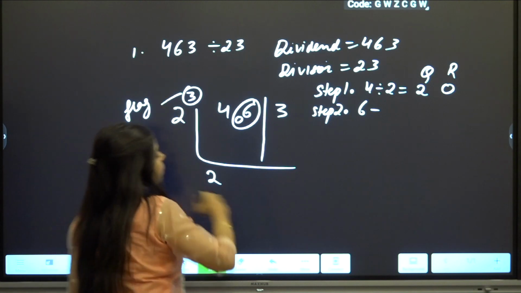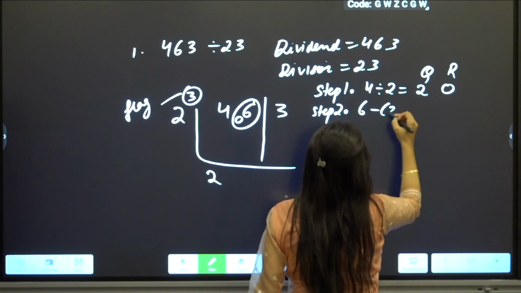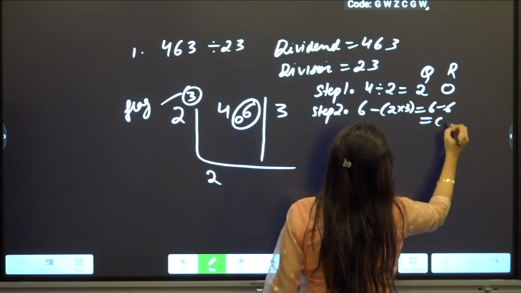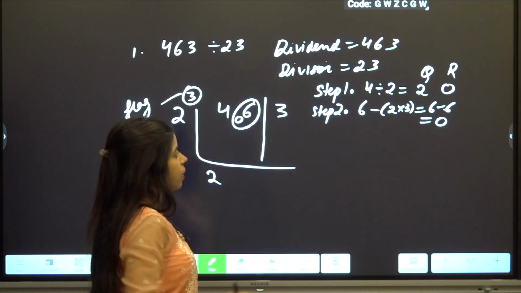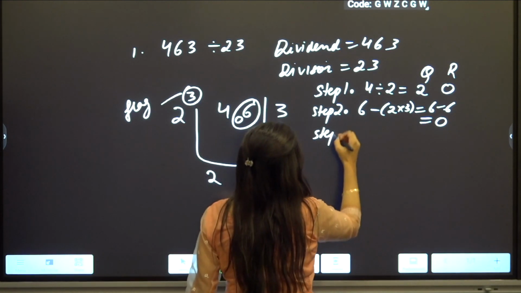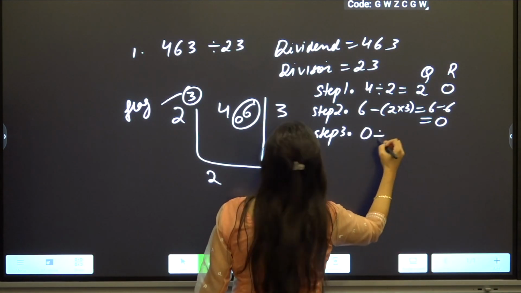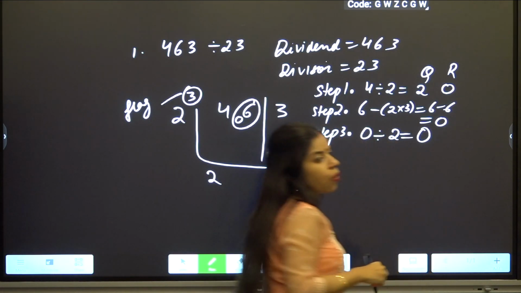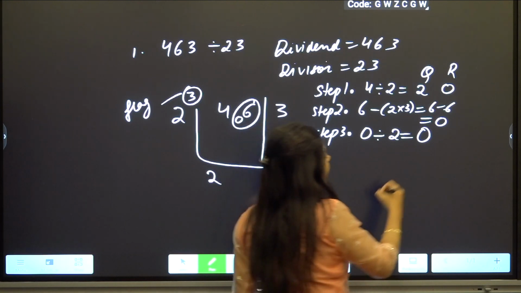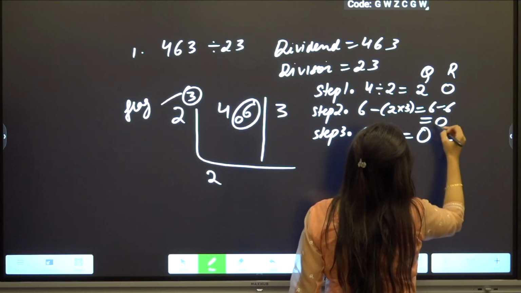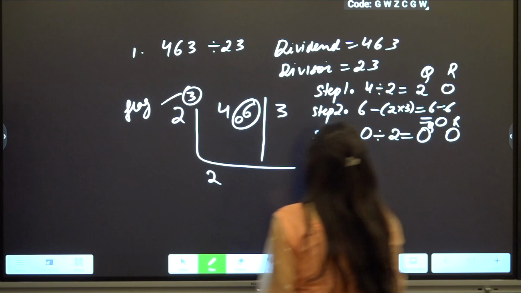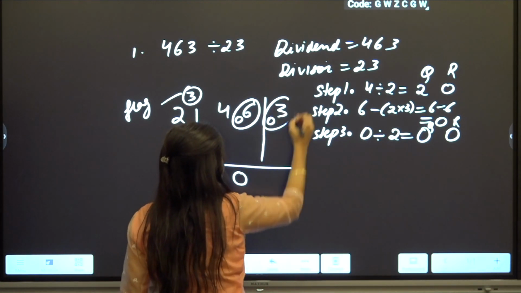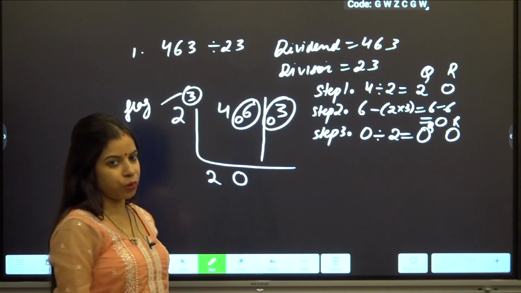So this will become 6 minus 2 into 3, which is 6 minus 6 and 0. Okay. So step 3 will be 0 divided by 2 and quotient will be 0, okay, and remainder will also be 0. So I am writing here as 0 and 0 over here. So this will become 0, 3.